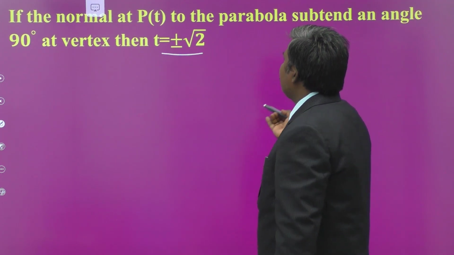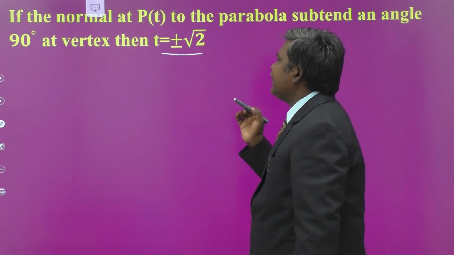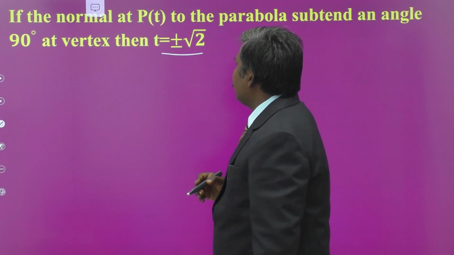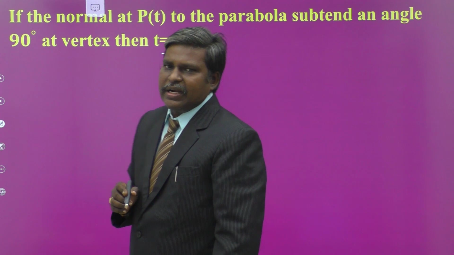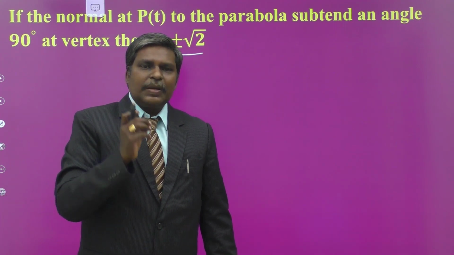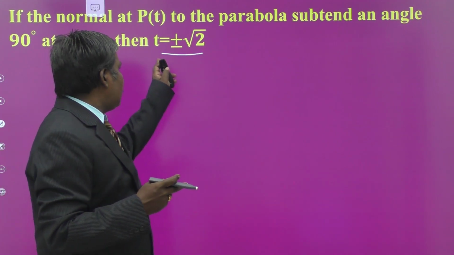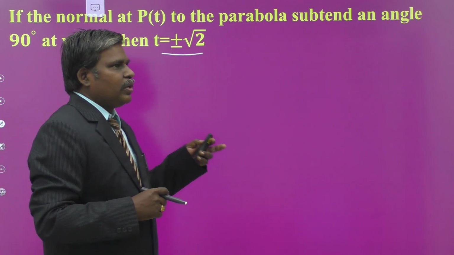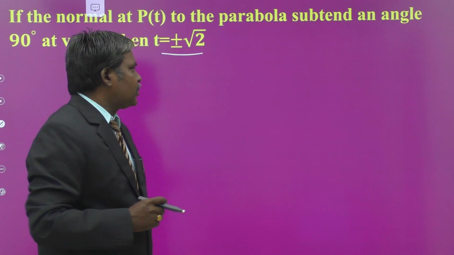If the normal at P of t to the parabola subtends an angle 90 degrees at the vertex, then you have to show that t equals plus or minus root 2. First of all, you write the normal at P of t to the parabola. If that normal subtends 90 degrees at the vertex, you have to show that the value of t, that is the corresponding value of at square comma 2at, is plus or minus root 2. You have to show that.